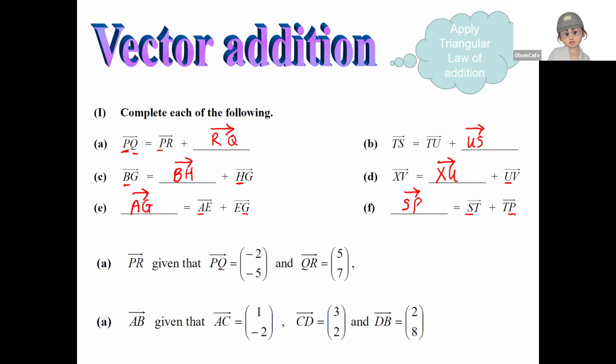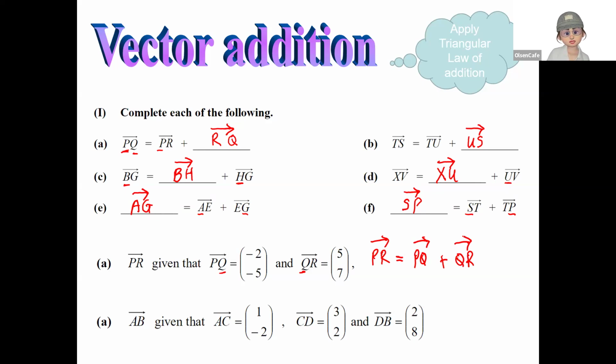Again, it is easy to identify that the intermediate point is Q. Therefore, PR by vector addition will give me PQ plus QR. By applying matrices, I can easily add up the numerals to get the column vector for PR.